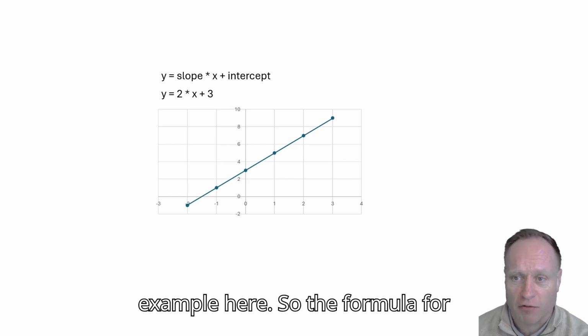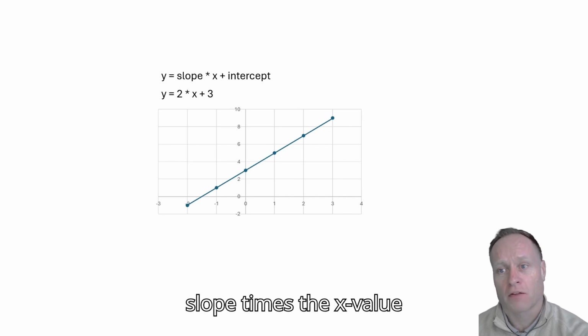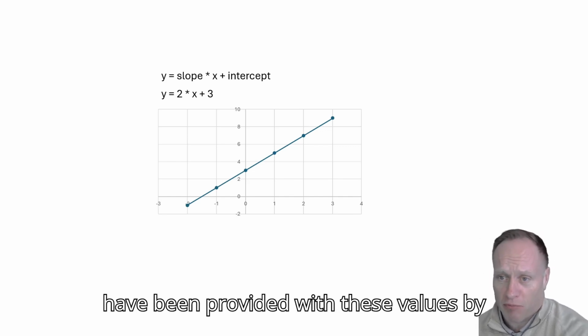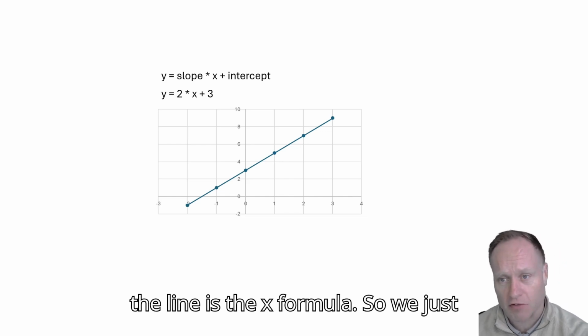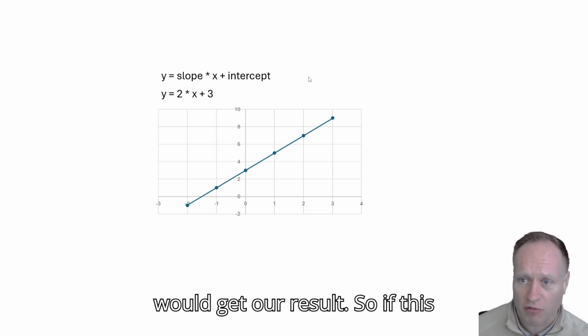The formula for determining a y value is the slope times the x value plus an intercept. So we have been provided with these values by the LINESTX formula. We just have to fill out the formula and then we would get our result.